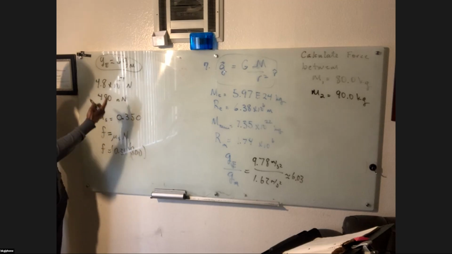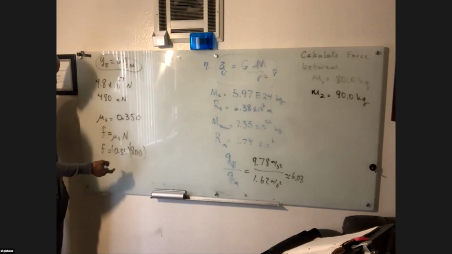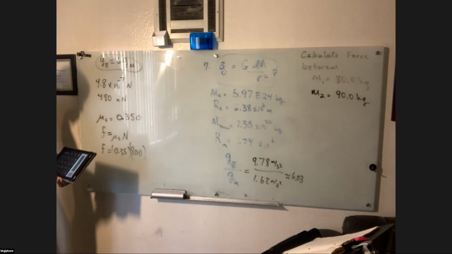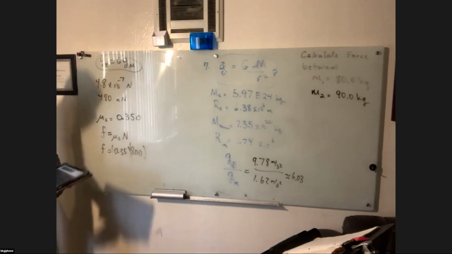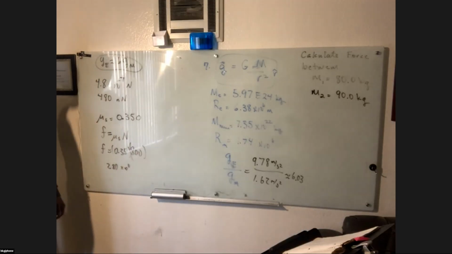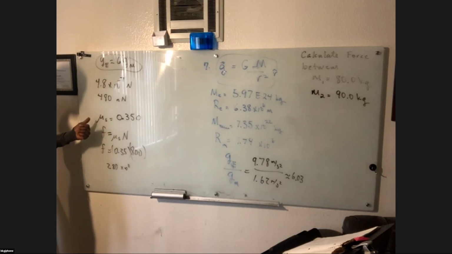So we calculate it out. 800 times 0.35 is 280. So that's 280 times 10 to the 0, against the gravitational force of about 10 to the negative 7.